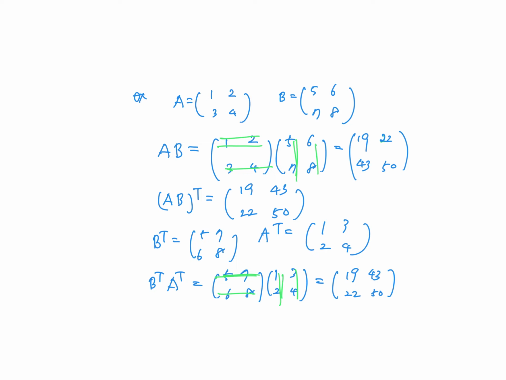If you multiply A by B and take a transpose, it's the same as multiplying the transpose of B times the transpose of A. You can elegantly prove this property using the formal method, but you can also see it by a particular example. So we have enough tools to define the determinant for matrices larger than 3 by 3.